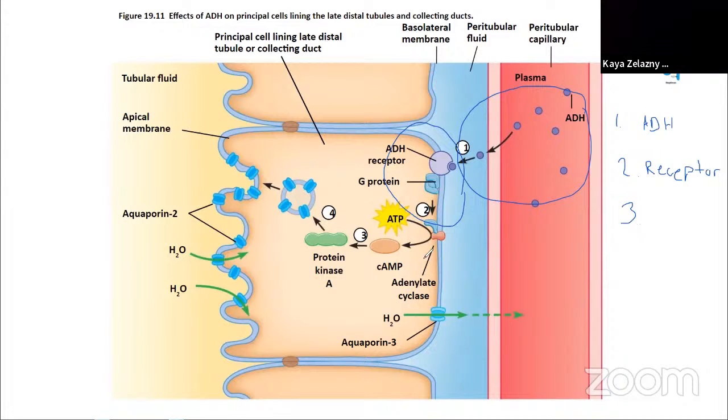Three, there's a second messenger system. We can skip some of these details, but we do want to know four: vesicles with the aquaporin 2 are inserted onto the apical membrane.